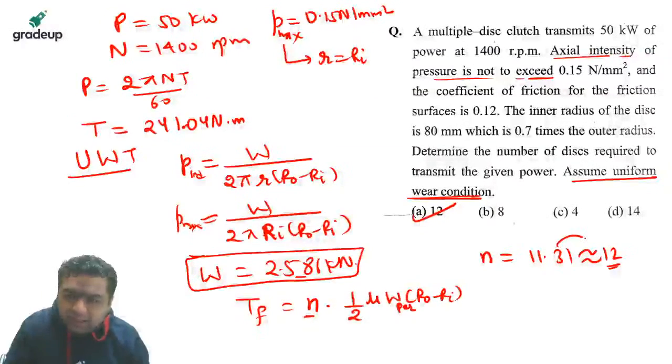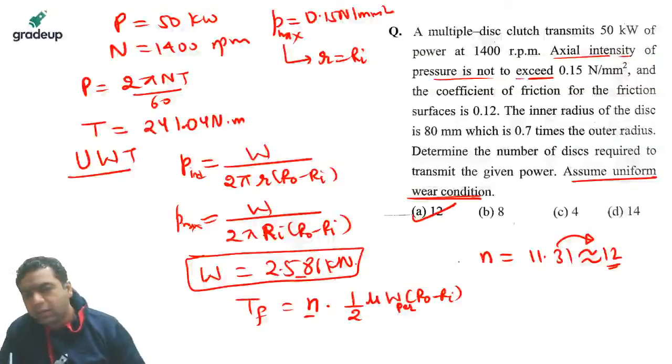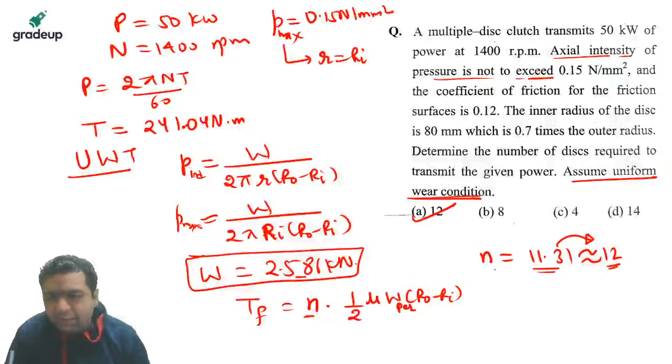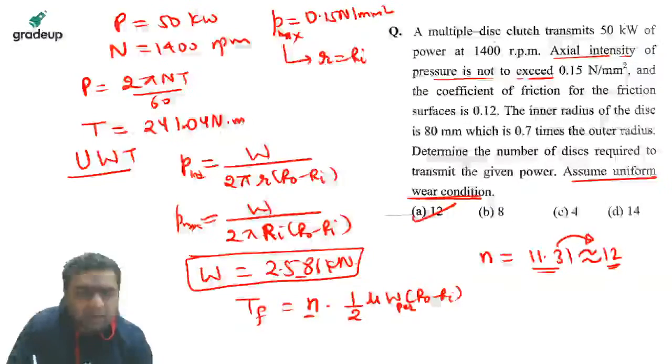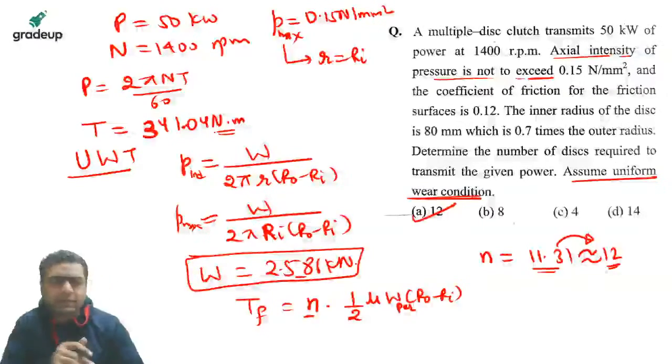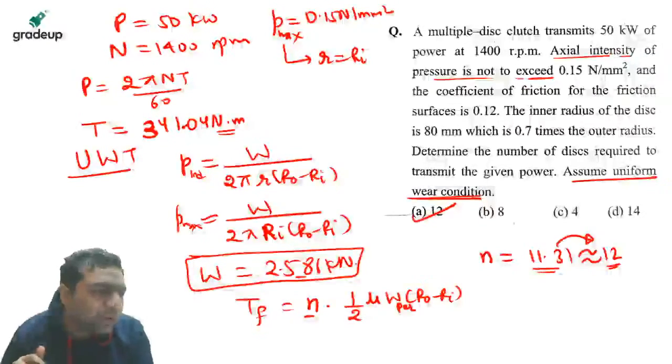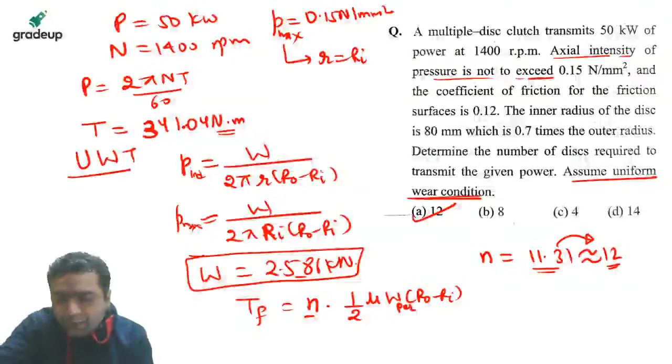Why do we take a larger number than this? Because this is the minimum number of discs which will come. Torque is 340. Okay, it is 341. Yes, 341. Sorry, I made a mistake in writing here, but I calculated 341. Praful, you are correct. So the answer will be 12, guys.